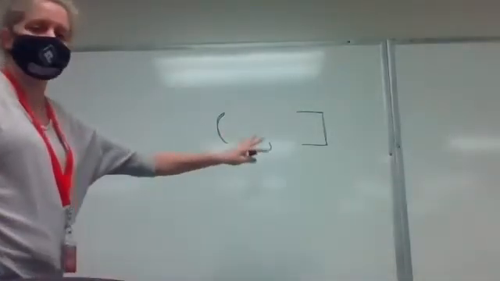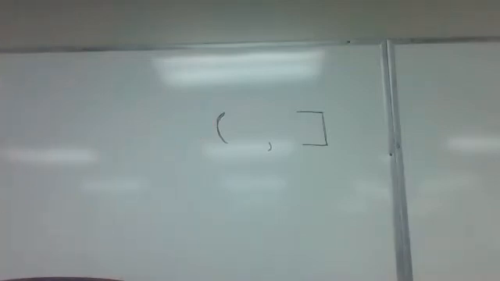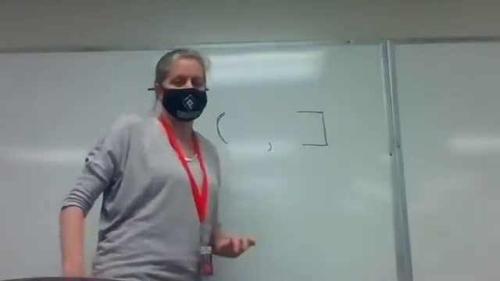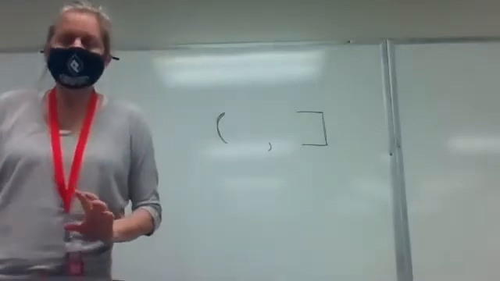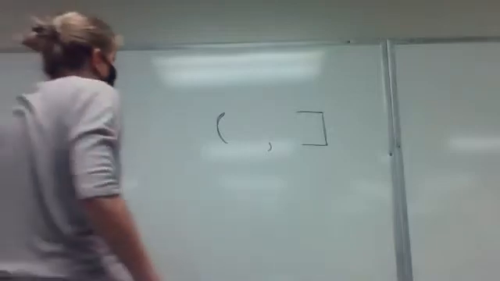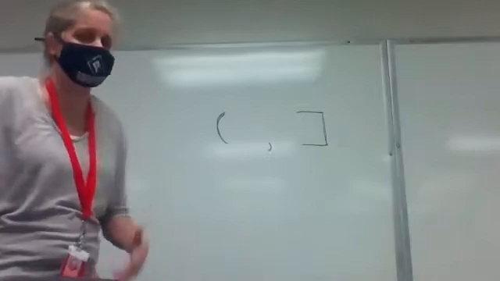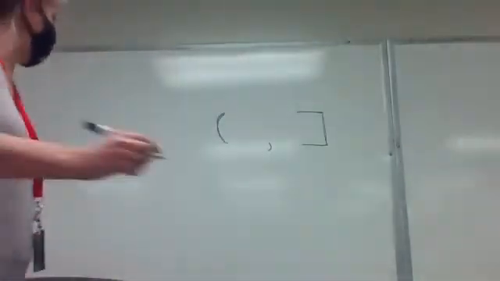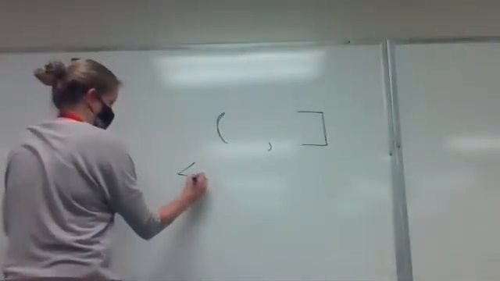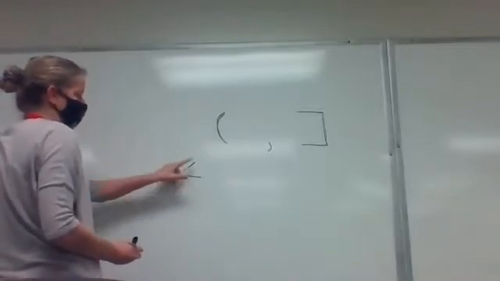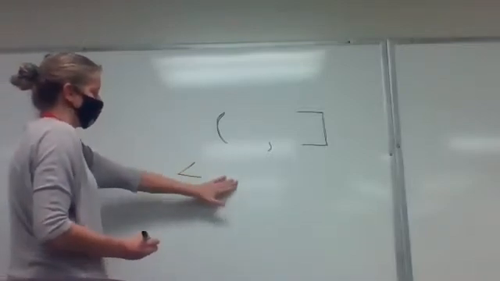Now, the two different kinds of symbols that you're going to see are parentheses and brackets. So let's talk about what makes the difference here. Now we're going to see there are 4 different symbols talking about less than and greater than, okay? That symbol would mean this side is less than this side.